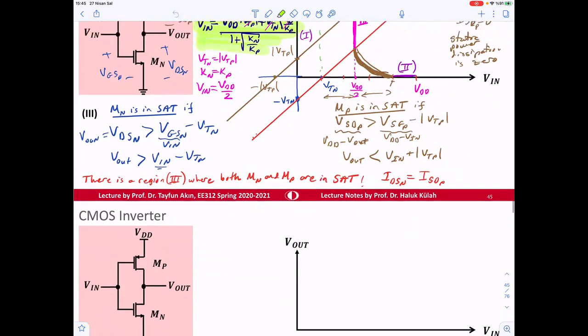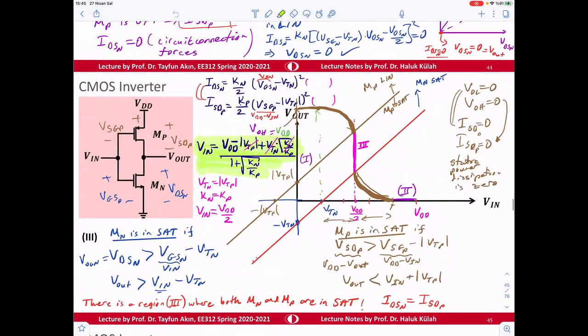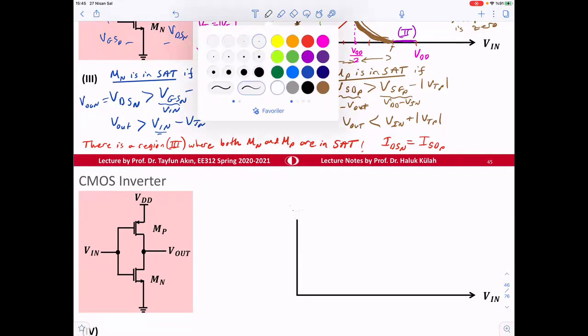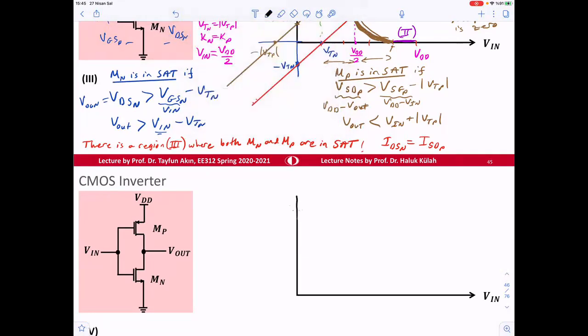So, if you look at this, maybe I can draw the graphic again, because this is not to the scale.